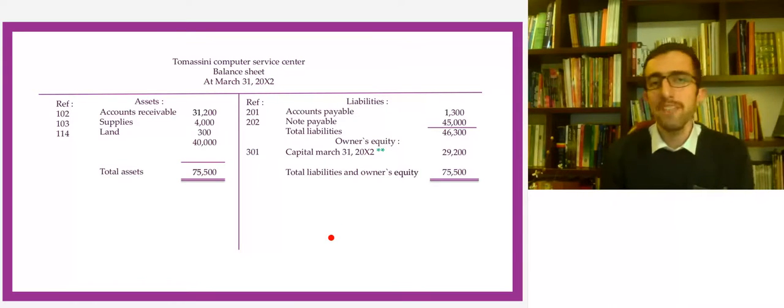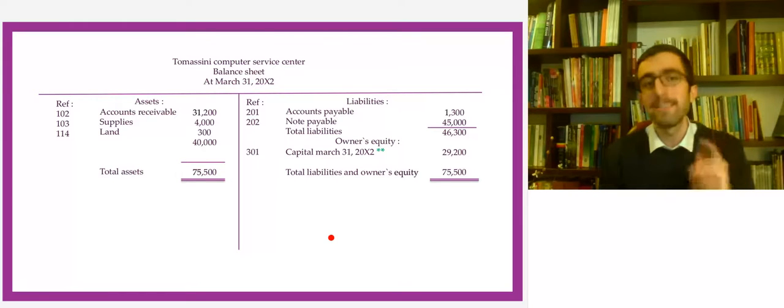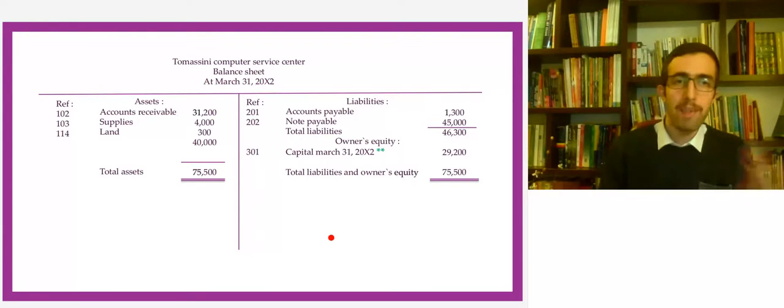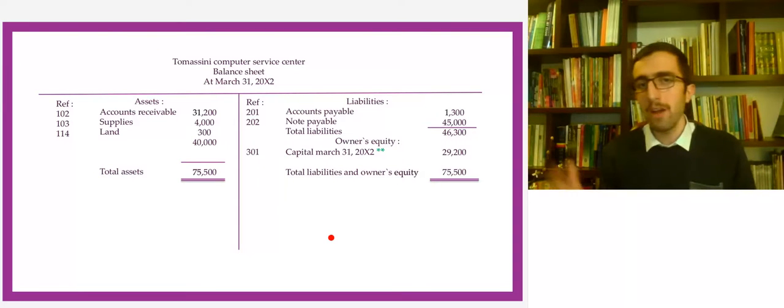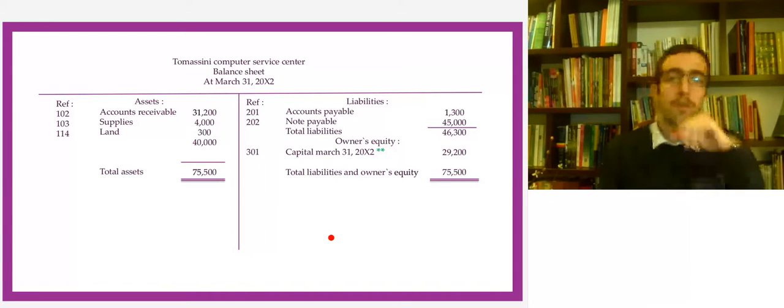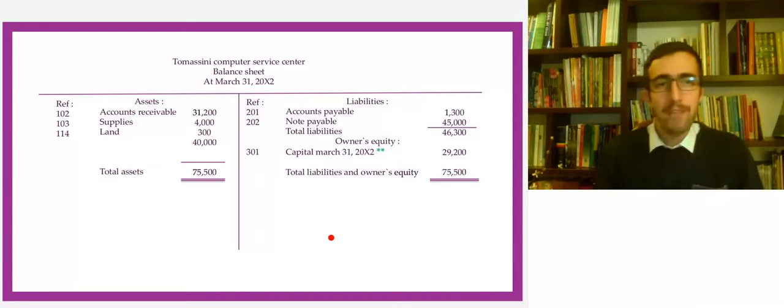Larry Tomasini Computer Service Center balance sheet at March 31, 20x2. On the left side, we have all assets. On the right side, we have all liabilities and owner's equity. And in proprietorships, company only, we have capital ending balance, capital for March 31, that is 29,200, taken from the statement of owner's equity.